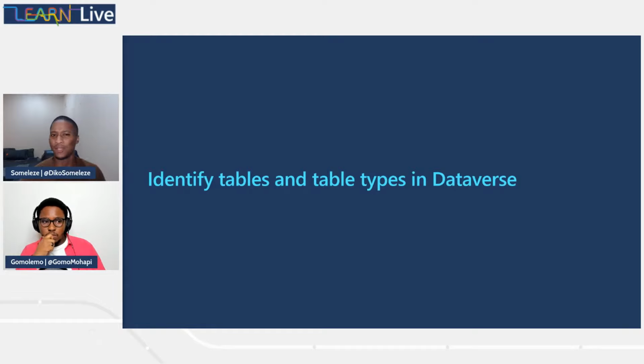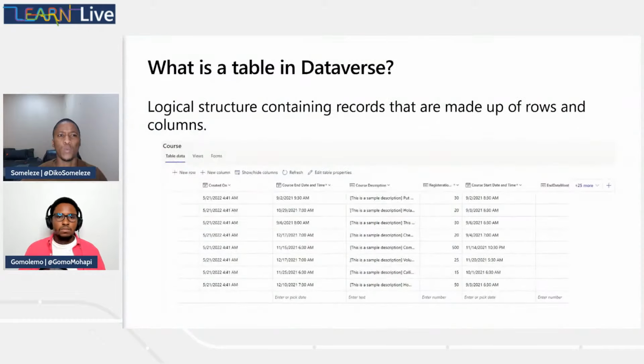So I'm talking about identifying tables and table types within Dataverse. How can we actually do that? But before we can do that, we need to understand what a table in Dataverse is. A table in Dataverse is a logical structure containing records that are made up of rows and columns.